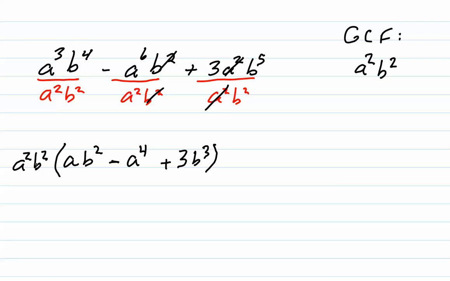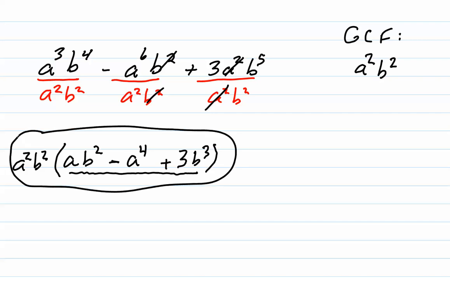So we have to put the a squared b squared outside of the polynomial. If you just include it as your answer, a b squared minus 4a plus 3b cubed, you're only going to get partial credit because you need to have the entire part, because this equation is still correct with that factoring outside.